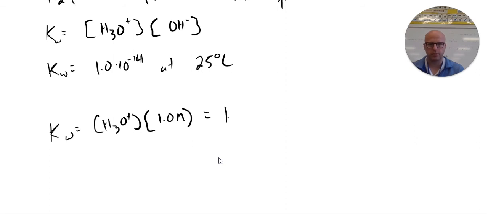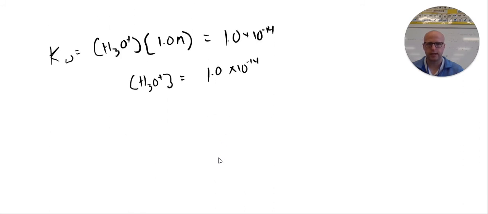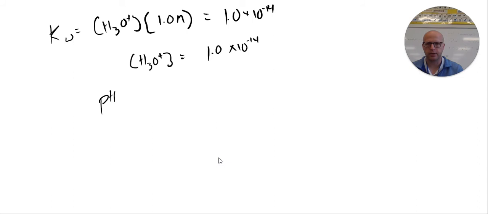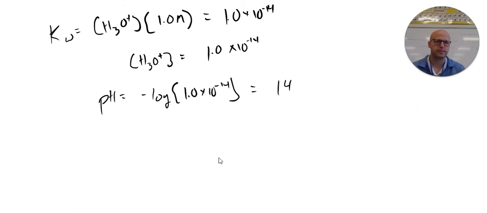This is equal to 1.0 times 10 to the negative 14th. So in this case, my H3O+ concentration is 1.0 times 10 to the negative 14th. We can put that into our equation: pH is equal to negative log of 1.0 times 10 to the negative 14th, and we come out with a pH of 14.